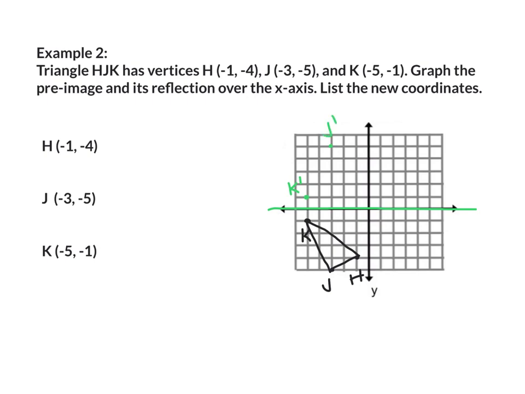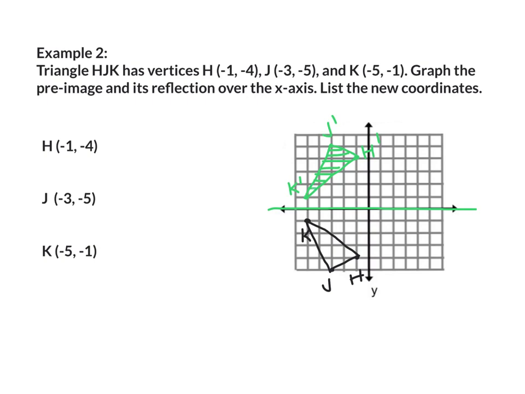That'll be J prime. Now H is 1, 2, 3, 4, so it should be 4 away on the other side. And that'll be H prime. Now I'm going to go ahead and connect my dots. And then I'm going to go ahead and shade in my answer because this is our image.